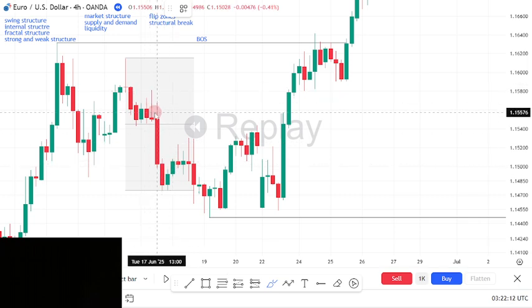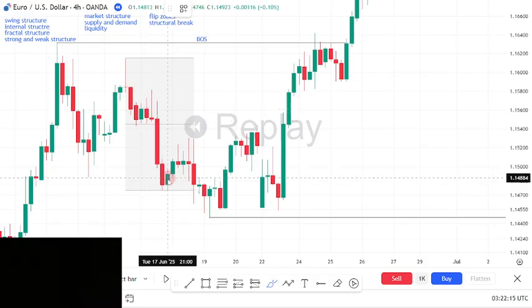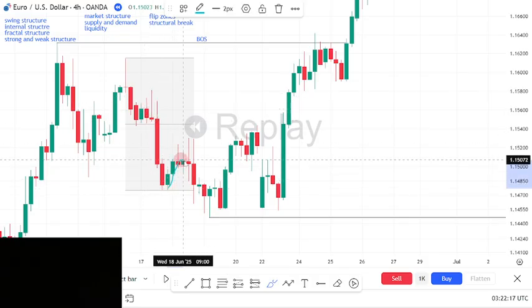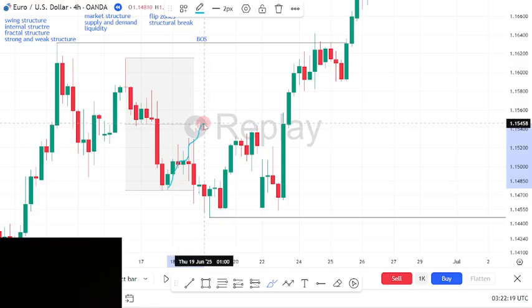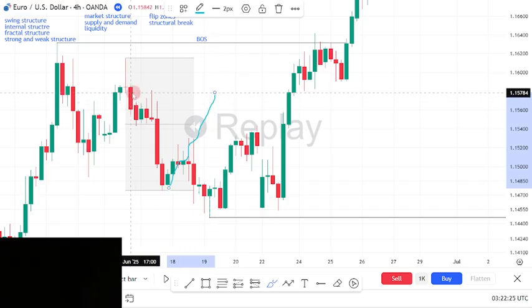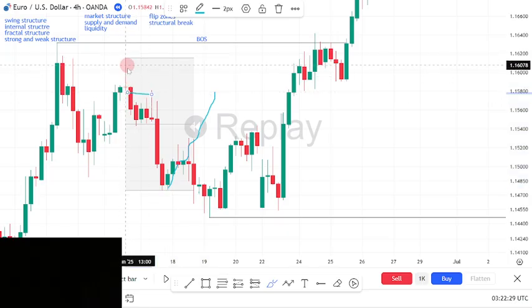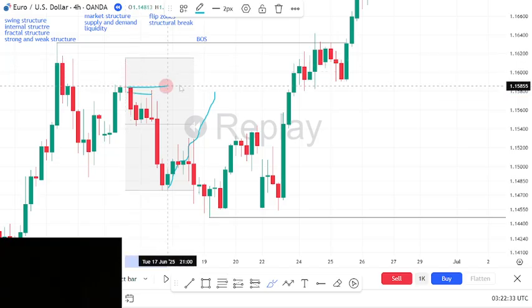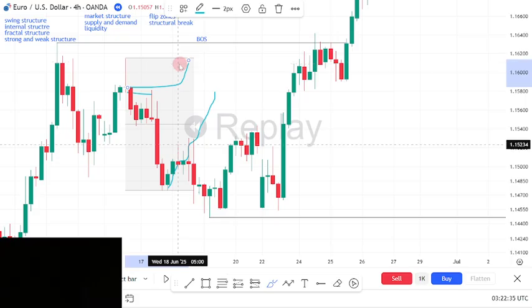Looking at this, I will expect price to at least pull back into EQ or possibly into equilibrium to mitigate some of these orders, because you can see this one has already been mitigated though. I have more orders within here, but to mitigate the extreme. So this is what I would expect.